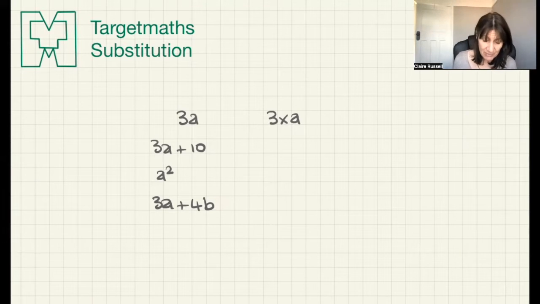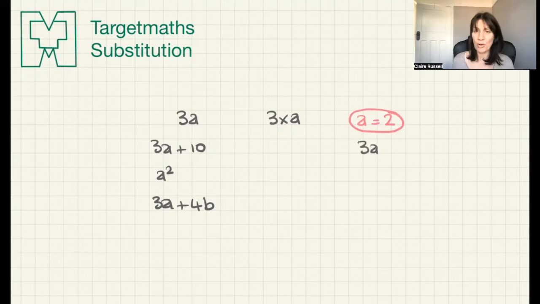So I'll give you an example of what I mean. If I was told that a was 2, I wouldn't actually need 3a anymore because I know what a is. I know a is 2. So I can just put that 2 where the a is, and I can get a number.